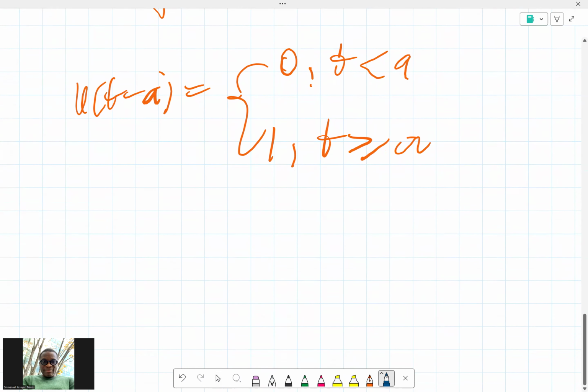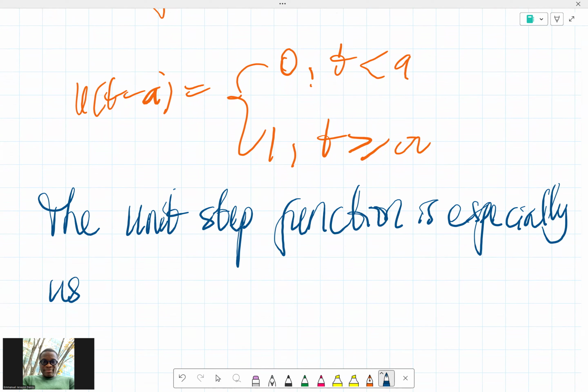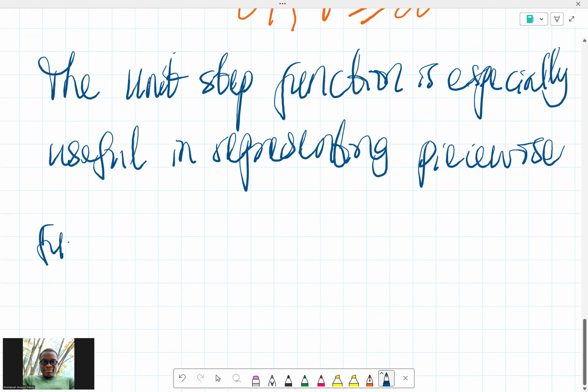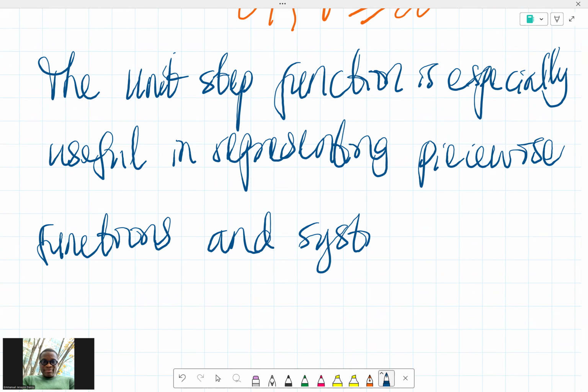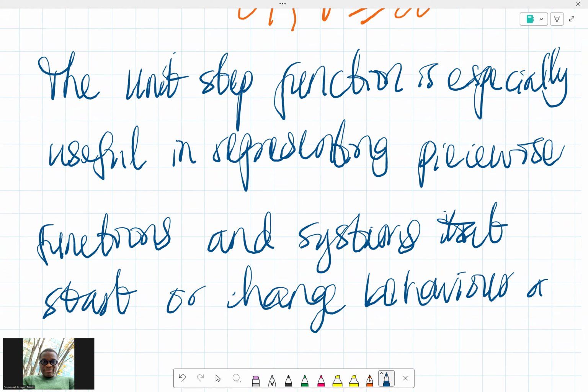Okay, so the unit step function is especially useful in representing piecewise functions and systems that start or change behavior at a specific time.